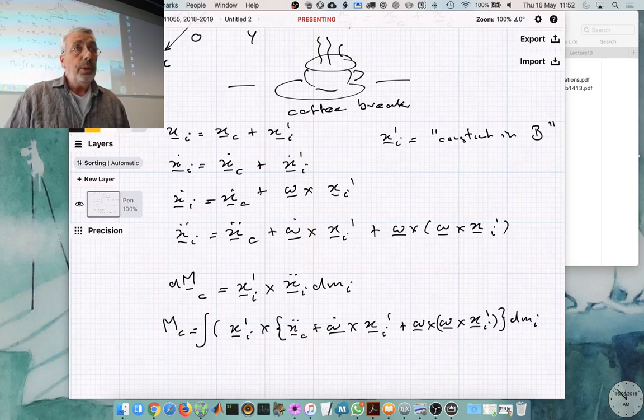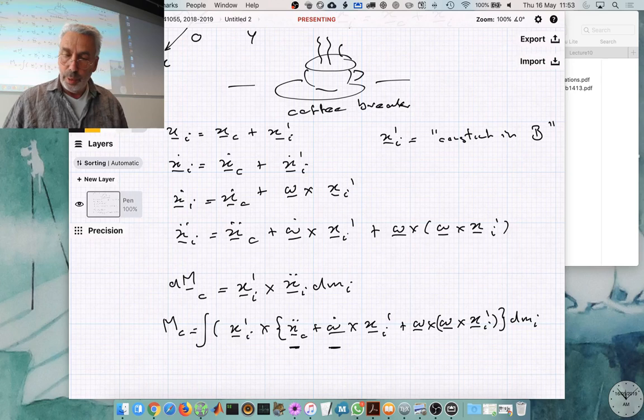And again, we see terms which are constant, and let me underline them. Like this does not change with the point mass, the position of where the point mass is, and this is also constant within the whole body, and this guy and this guy.